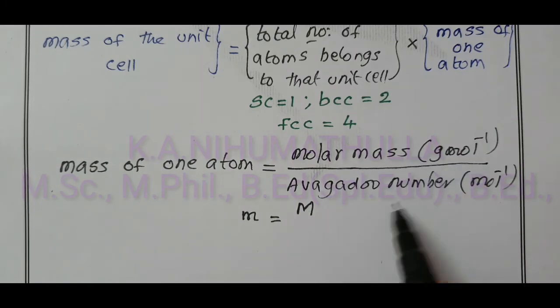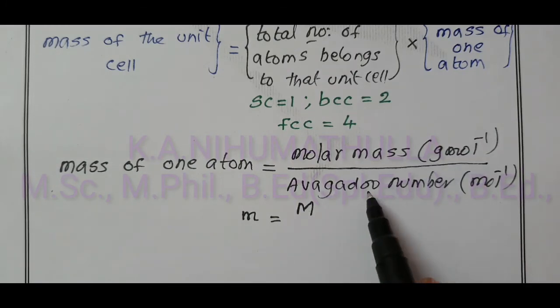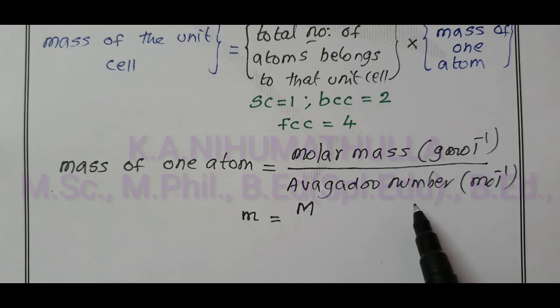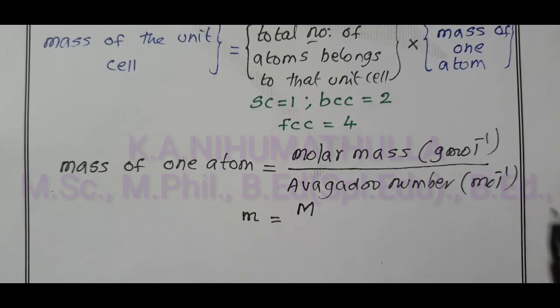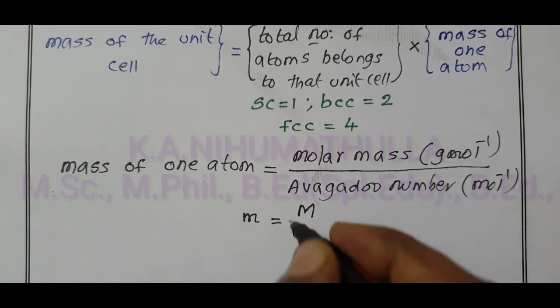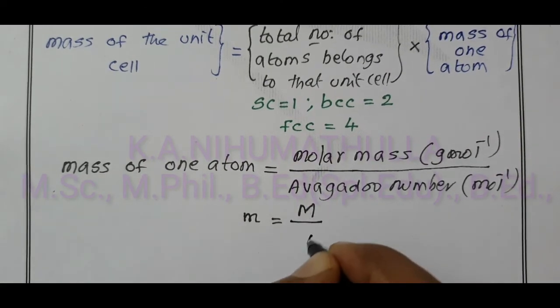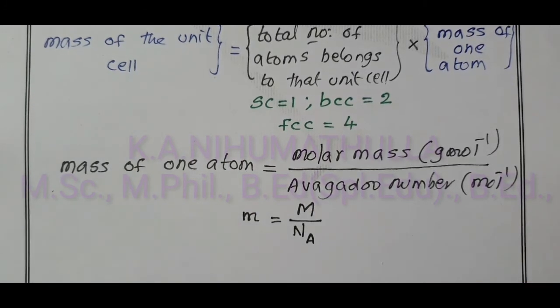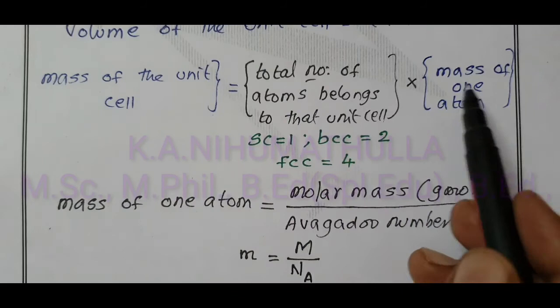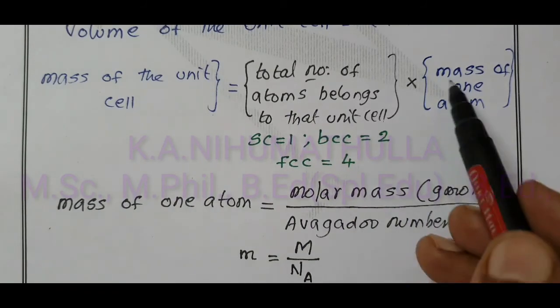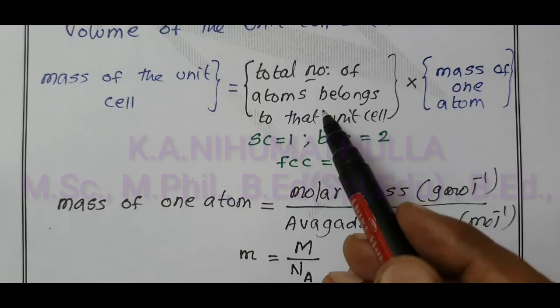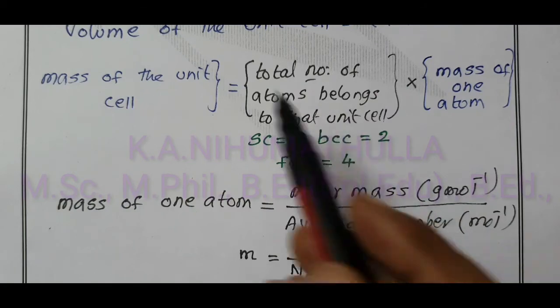That's all. Avogadro number we know is 6.023 into 10 power 23, but in the calculation we can take that as 6 into 10 power 23. There is no problem. So, divided by Avogadro number, symbol Na. Now, mass of one atom equal to M by Na. Total number of atoms is given as small n.